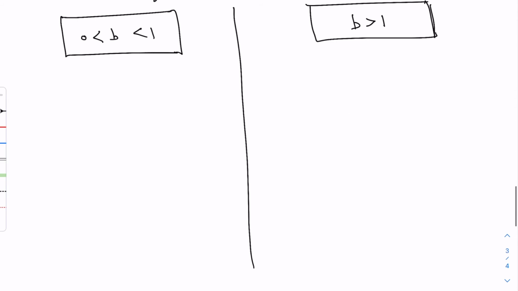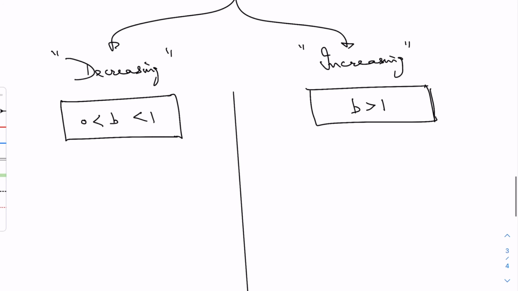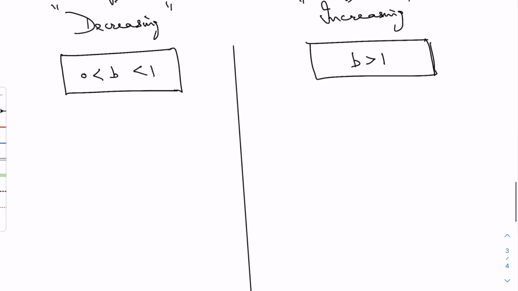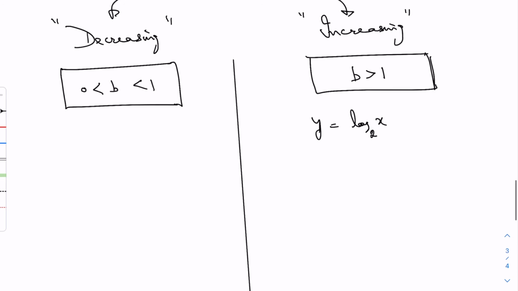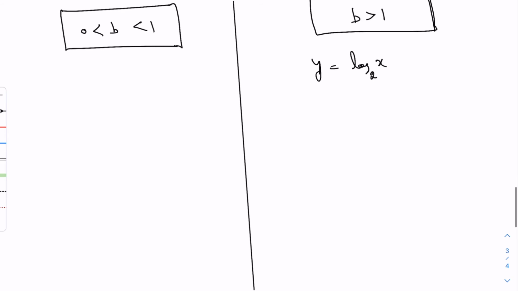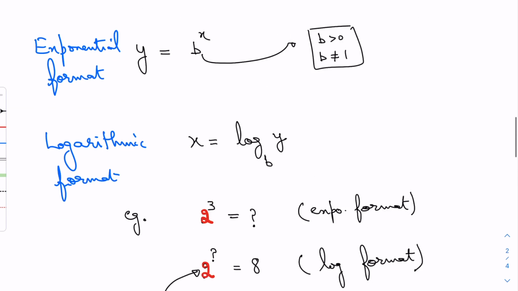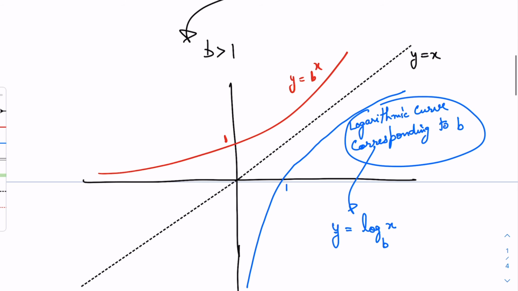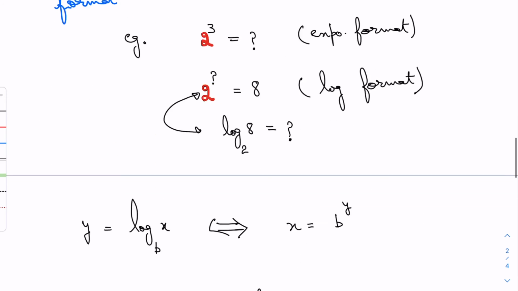So let's take up some examples. Here I will be plotting y is equal to log x base 2. Let's study this. For the time being, let's forget about logarithms as inverses of exponentials and try to understand the logarithmic function itself.